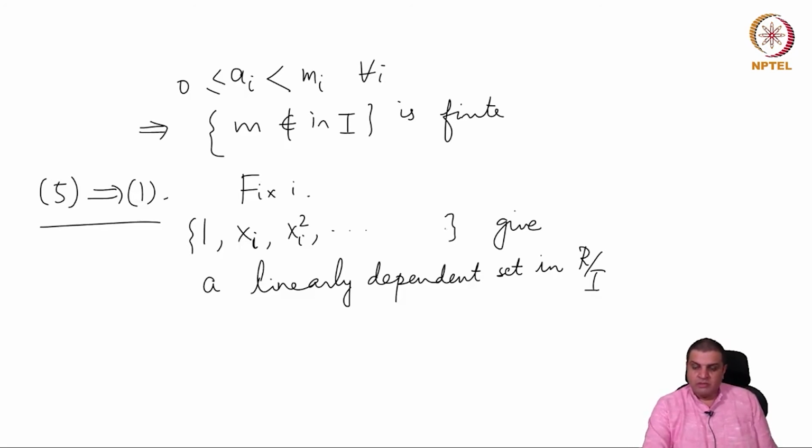This set is countable. Inside R these are linearly independent, but if you take the images inside R mod I, then because R mod I is finite dimensional, there must be a linear relation among them.